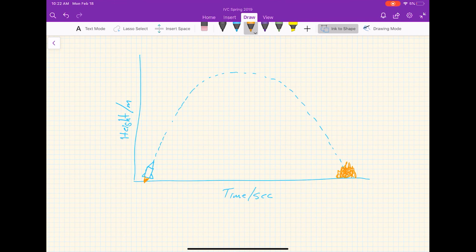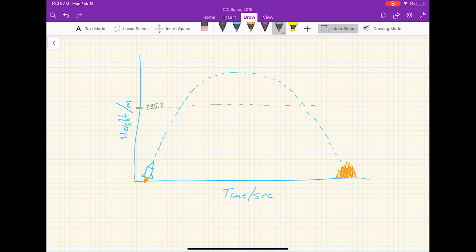When it comes down over here, it's going to crash and make a bunch of flames. So 235.2 meters. And that is going to be basically this line across here.